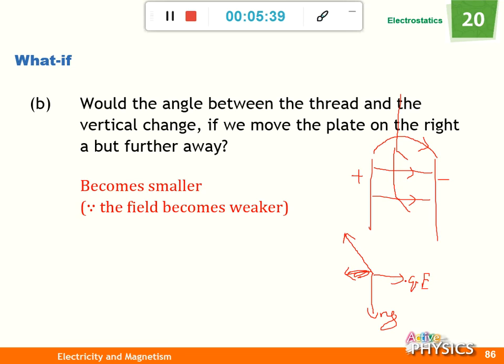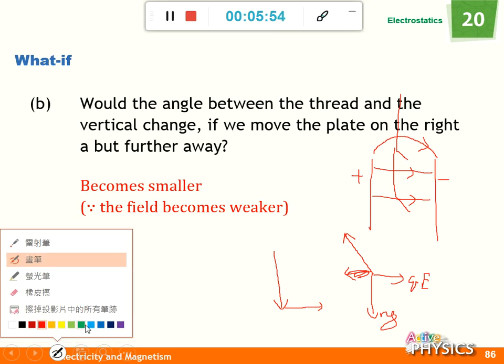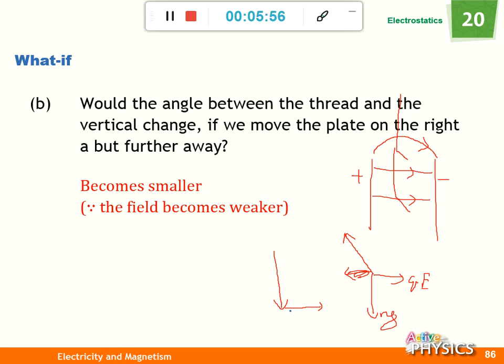Okay, but how to know that? You can use the mechanics method to do it. Mg keeps the same. QE, the original one should be this, but now may be smaller, like that. If like that, then the new tension should be this one.